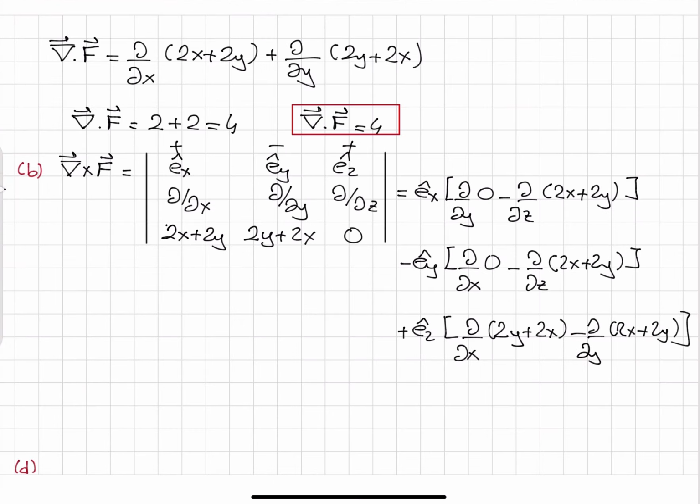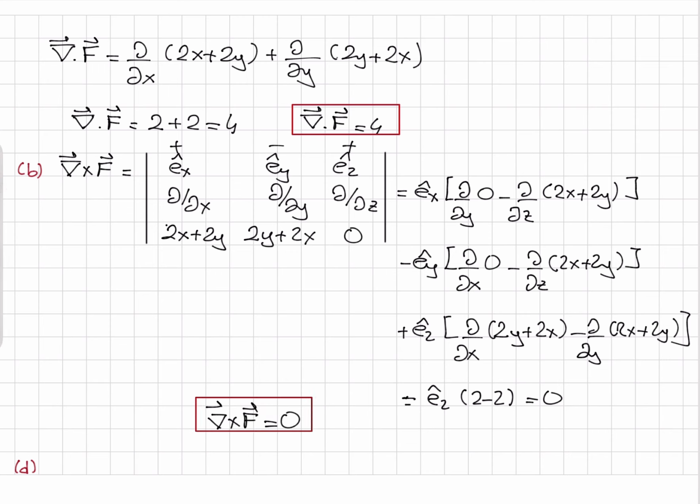All right, and the first two terms were already 0. For ez hat term, I obtained the partial derivative with respect to x is 2, and this is also 2. So it's ez hat 2 minus 2, which is 0. Therefore, my conclusion is that curl of F is 0.